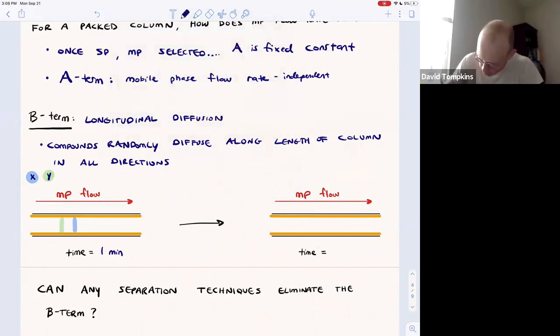Here I'm showing X moving faster than Y, so Y must have a greater affinity for the stationary phase.